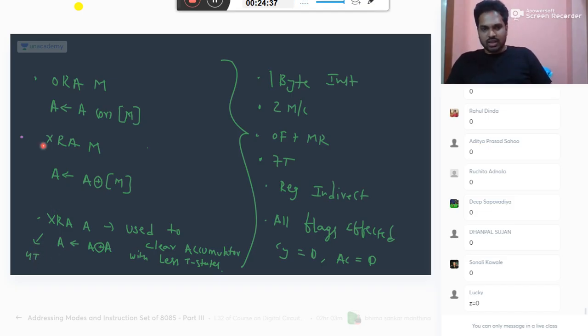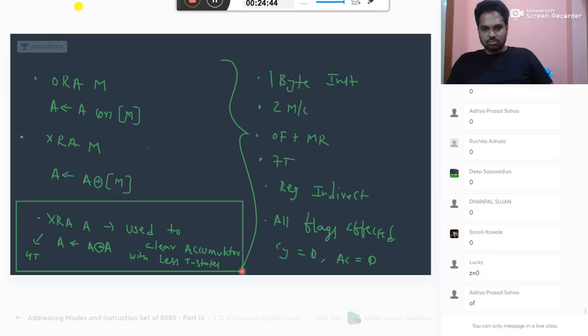If I say MVI A, 00, the accumulator will be 00, here 4 T states plus 3 T states, total 7 states, opcode fetch and memory read. If you do XOR A with A directly, this requires only 4 T states. So this is the best one. To clear the accumulator, we use this XRA A instruction. A XOR A is 0.